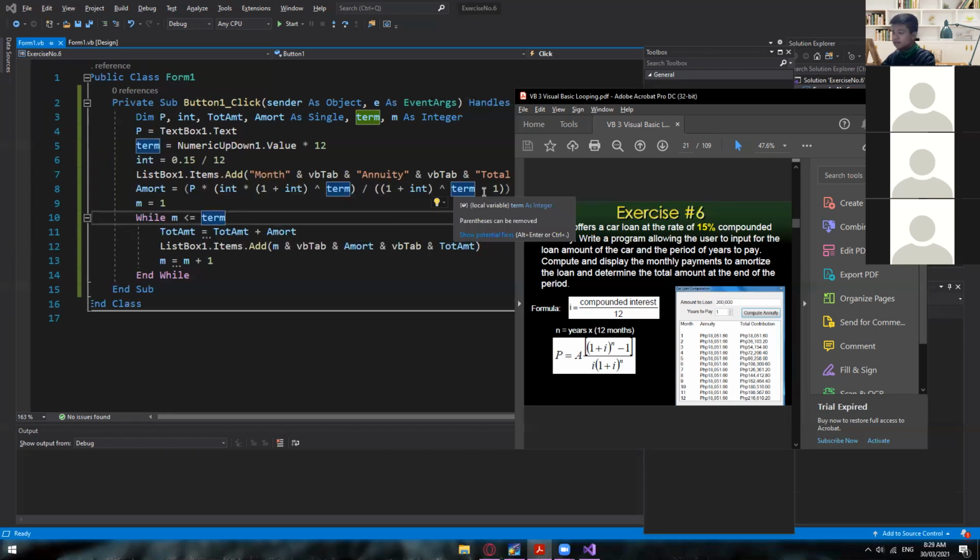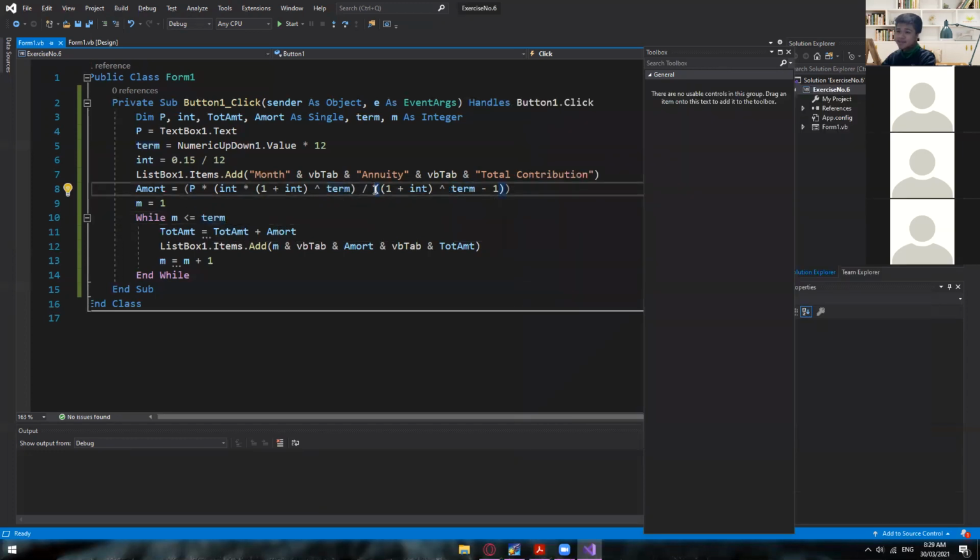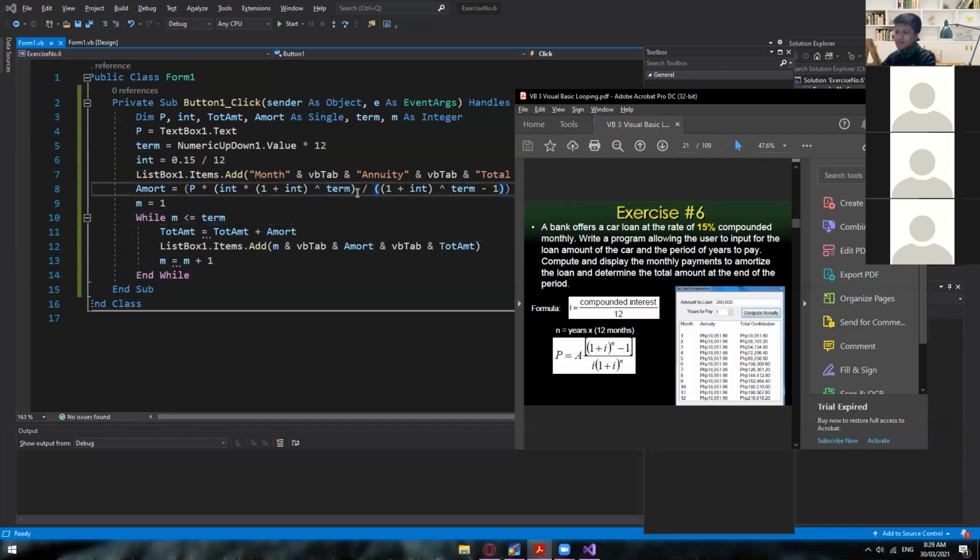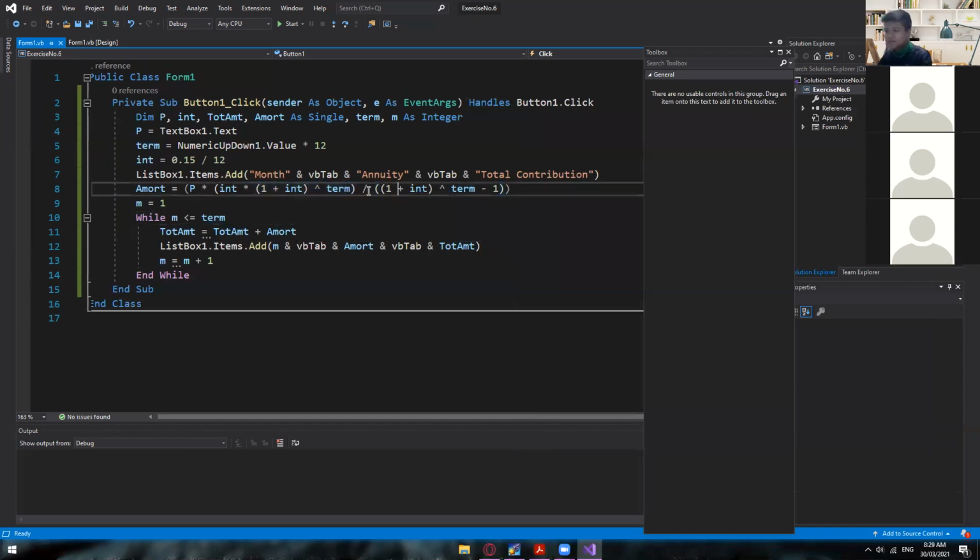I see, the formula is the opposite. Okay, why is it the opposite? Okay, let's see if these still have the same result.